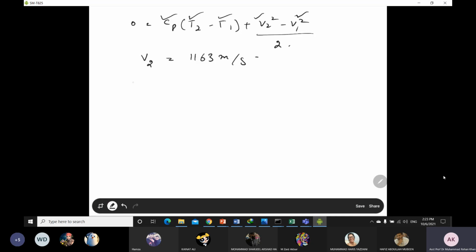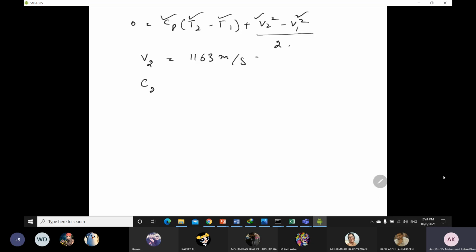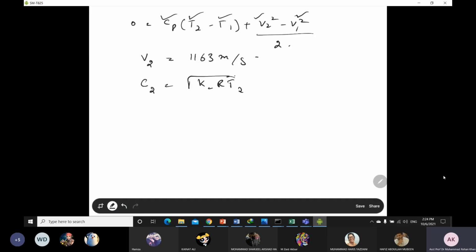Okay, so now we can easily find the Mach number, but we need the value of C2 as well. So C2 is equal to the square root of K2 R T2. K is basically the same thing because carbon dioxide is the fluid.